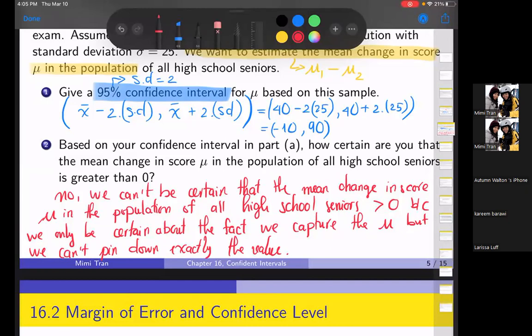I want to add something more, because the confidence interval, CI, contains negative values.